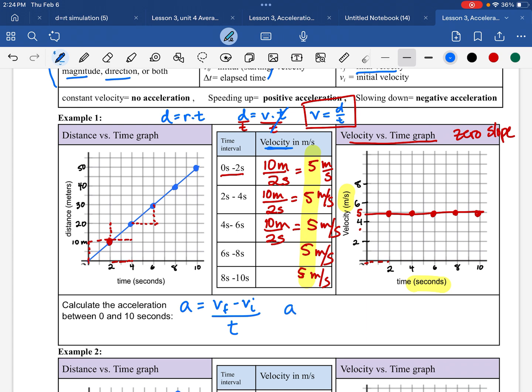So for this whole time from 0 to 10 seconds, the final velocity at 10 seconds was 5 meters per second. The initial velocity was also 5 meters per second. The total amount of time that passed was 10 seconds. And so we get 0 meters per second divided by 10 seconds. 0 divided by 10 is 0.